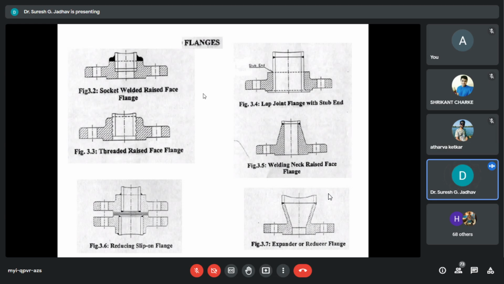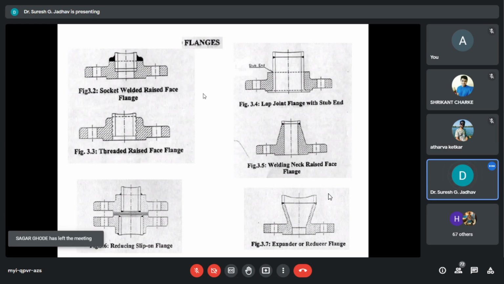Now, first is screwed-on flanges. They are used on pipelines where welding cannot be carried out. Socket welding and threaded flanges are not recommended for service above 250 centigrade and below minus 45 centigrade.